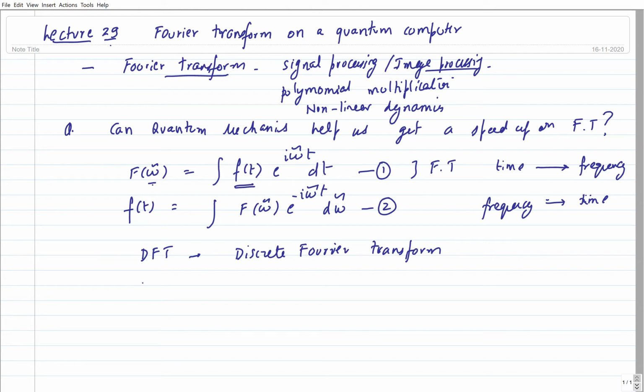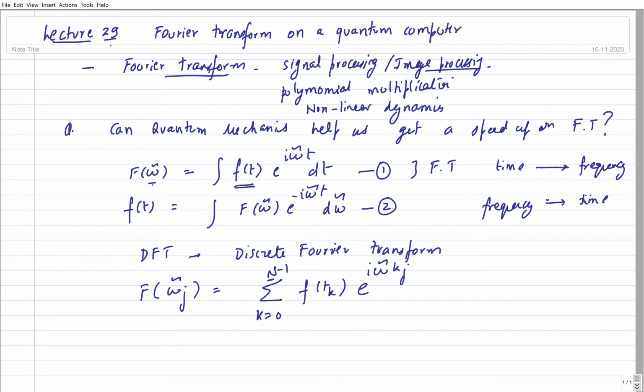and the discrete Fourier transform is given by, I replace the integral by the summation, and I have it as the summation. So where I've chopped off the signal into n units.